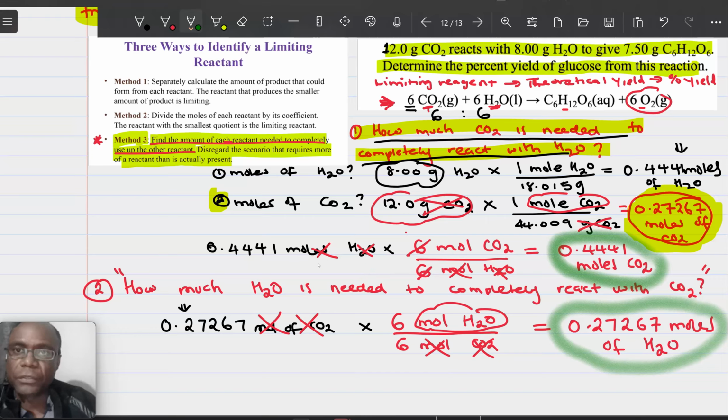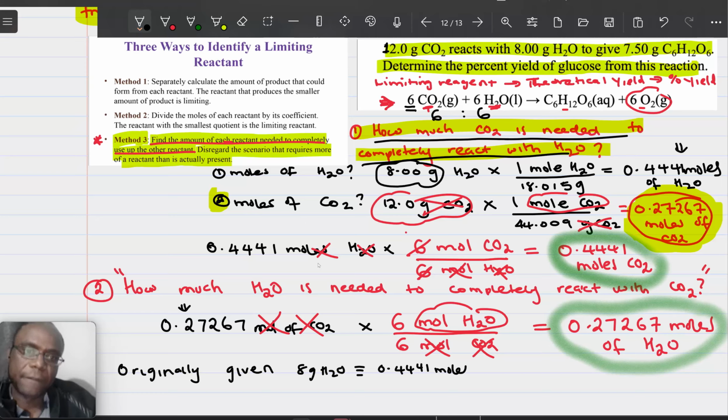Okay, so what we are given in this problem is the amounts of CO2 and water originally. So let's decide. Originally, we were given 8 grams of H2O, which turned out to be 0.4441 moles.